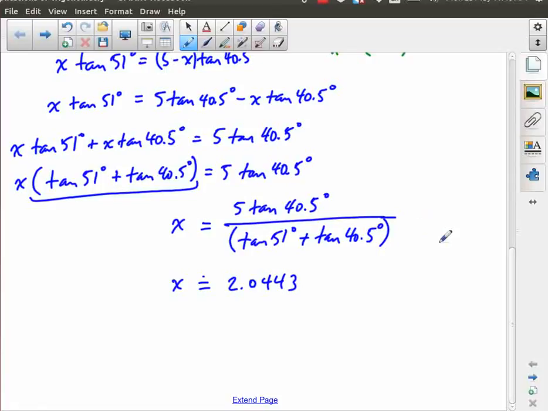When I calculated the denominator separately, I ended up with 2.0890 rounded. Then I'm going to take 5 times the tangent of 40.5 divided by the answer I just got. And yep, I verified that that's correct.